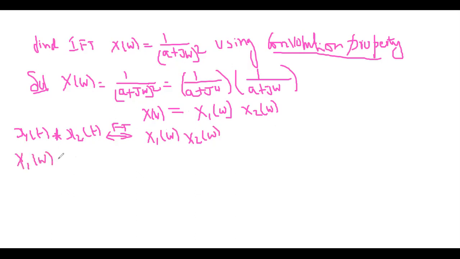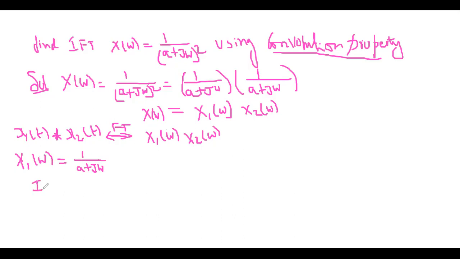X1 of omega is equal to 1 by a plus j omega. Now I am finding out the inverse Fourier transformation of the x1 of omega only, my dear students.